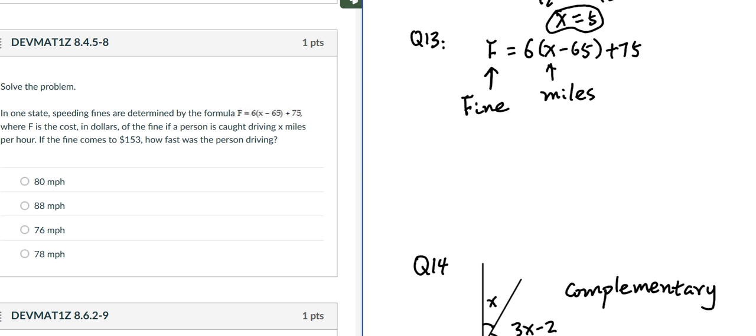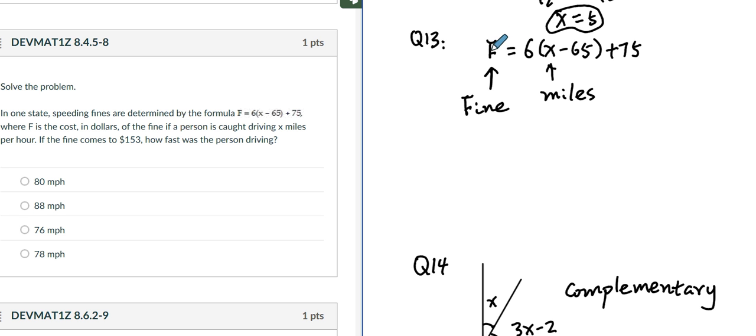Question 13 is that in a state, we do not know exactly which state, speeding fines are determined by this formula. Fine equals 6 times x minus 65 plus 75.